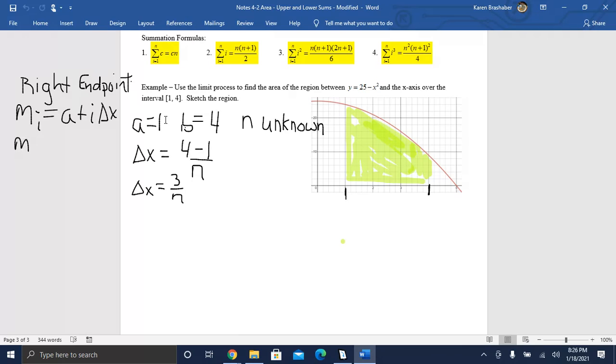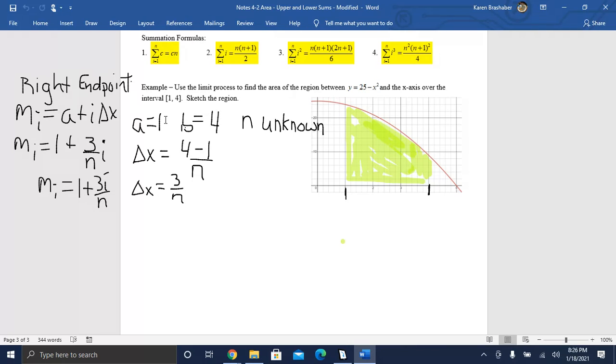Well, a in our problem is 1, and our delta x is 3 over n. So it's 1 plus 3 over n I, or you might even say 3I over n. I would probably say it that way. 1 plus 3I over n.